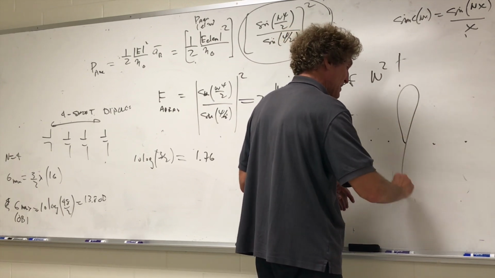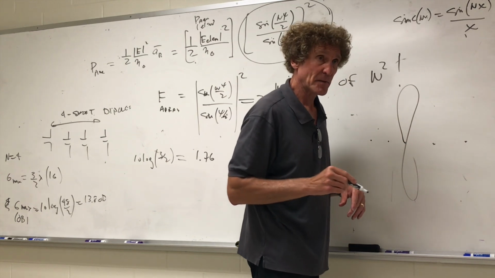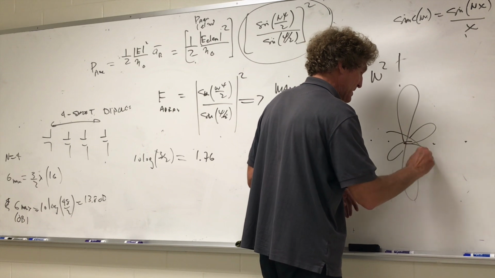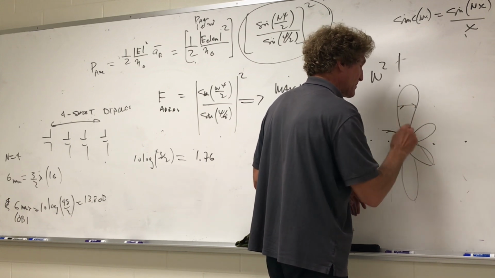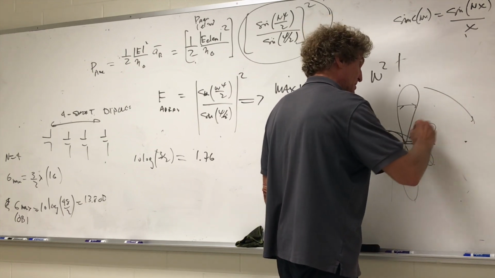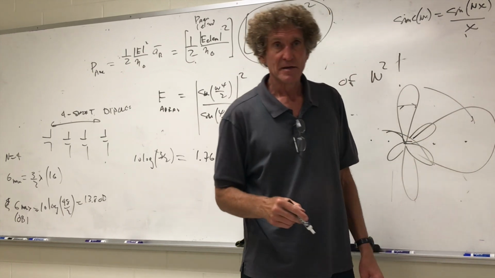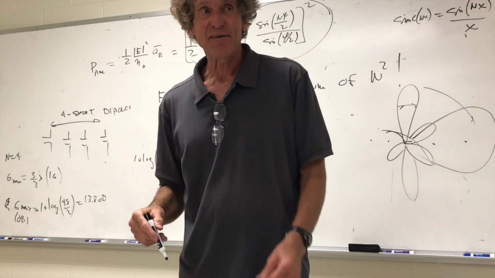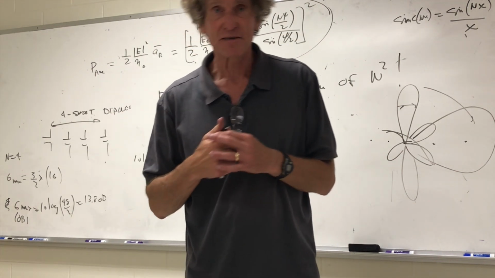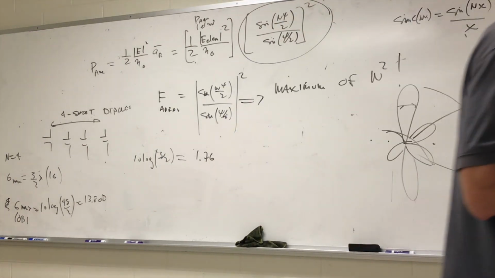That's what it'll look like for the main beam. You'll have these side lobes here. This will be the beam width. Now, as this thing starts scanning this way, the beam will start broadening. I can't prove that right now, it's a little long, but it's something to take a look at. It would be a great project to investigate the characteristics of arrays.